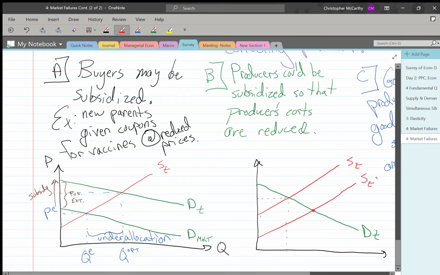So we take the difference here, and this is a subsidy to our producers, so that we can go from a Q equilibrium here to a Q optimal over here.